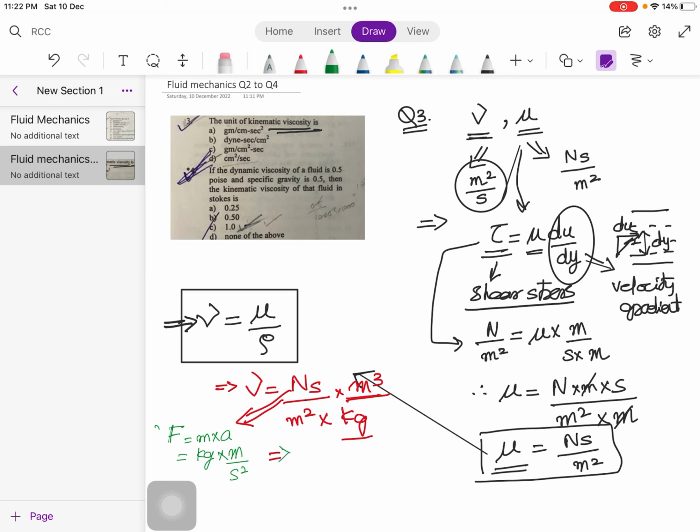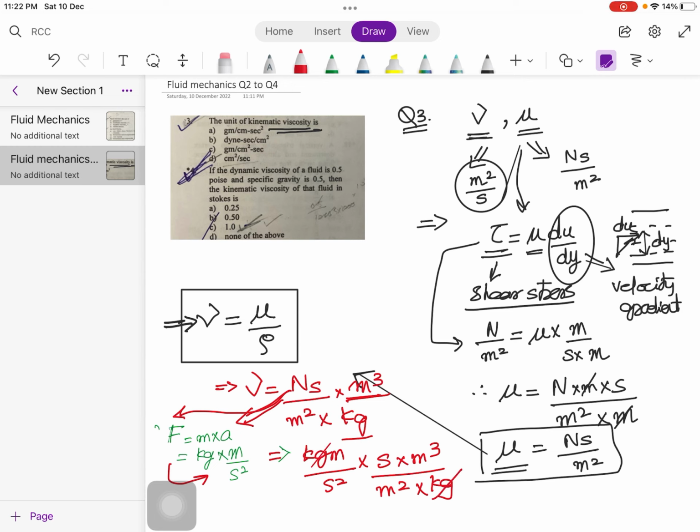Therefore, if we further rearrange these units, Newton, which is force, can be written as kilogram meter upon second square, times seconds, times meter cube upon meter square times kilogram.